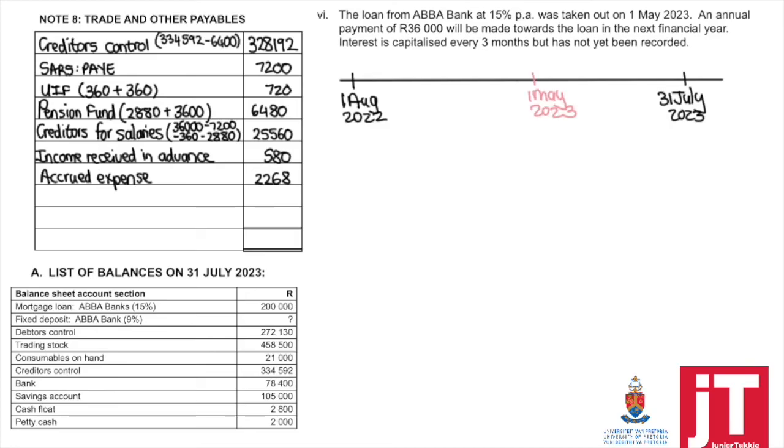So if we first look at what is happening with this adjustment, this loan was only taken out on the 1st of May 2023. Our accounting period starts the 1st of August 2022.